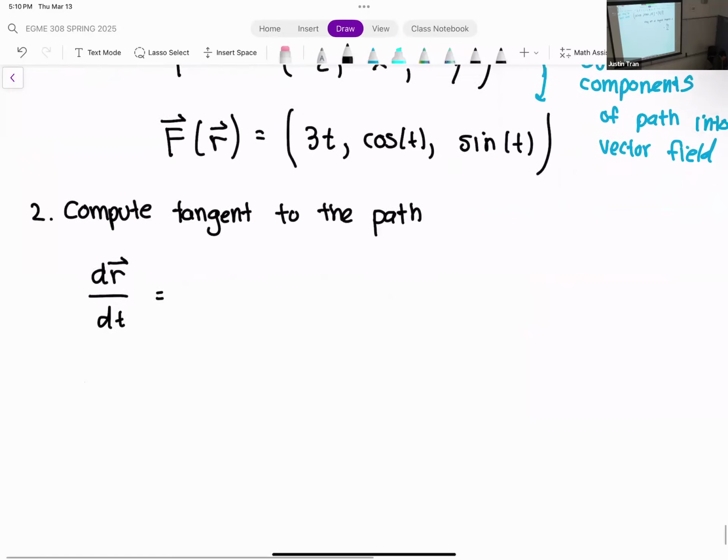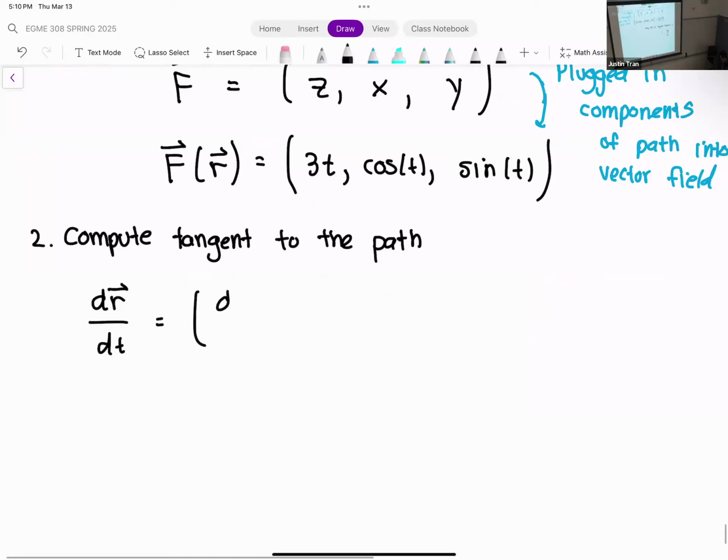So in this case, we're going to take basically dx dt, dy dt, and dz dt. So each component of the path, we're just going to take the derivative with respect to t.